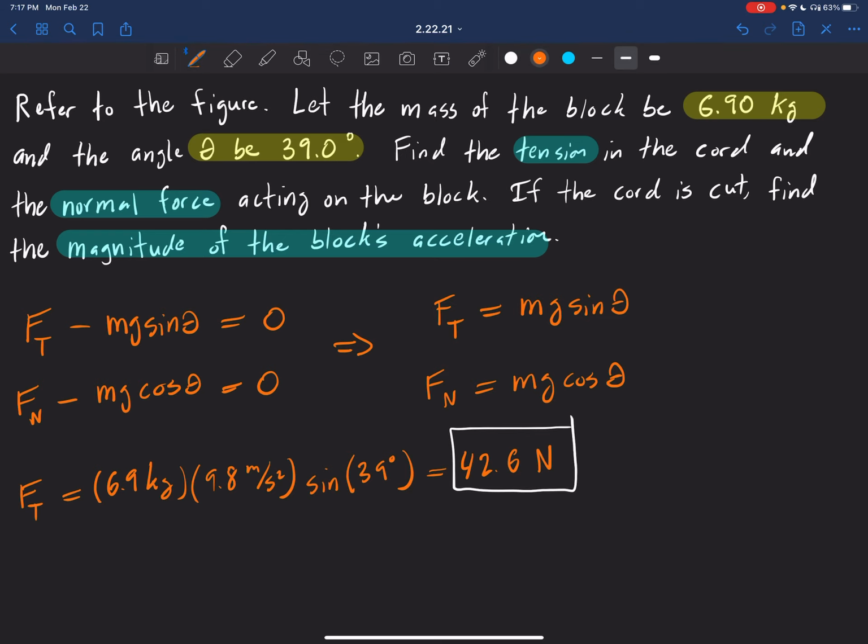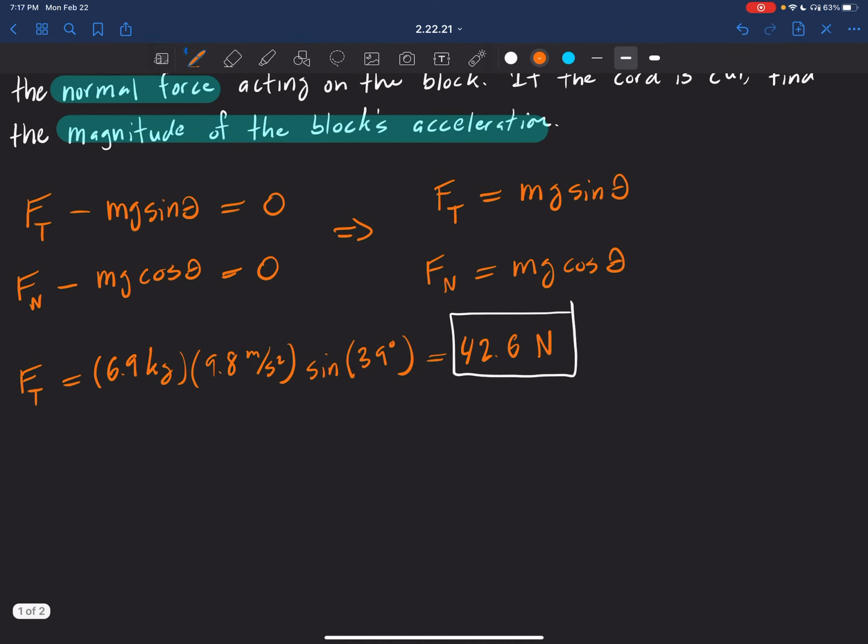For the normal force, it's going to be almost the same thing, just with cosine instead of sine. So the normal force is again the mass, 6.9 kilograms. G is 9.8 meters per second squared. And then we're going to multiply that by the cosine of 39 degrees.